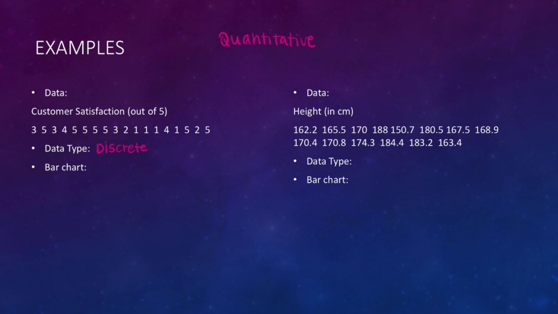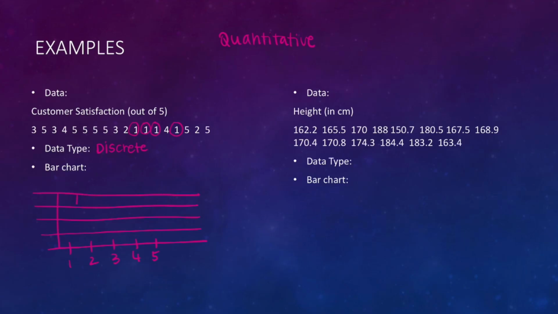If I was to make a bar chart of that, I would have 1, 2, 3, 4, 5. Let's start with 1. 1 appears 1, 2, 3, 4 times. So that appeared 4 times there. And then I would do 2. I have 2 here, once, twice. I think that's all of them. Then I would look at the 3s.